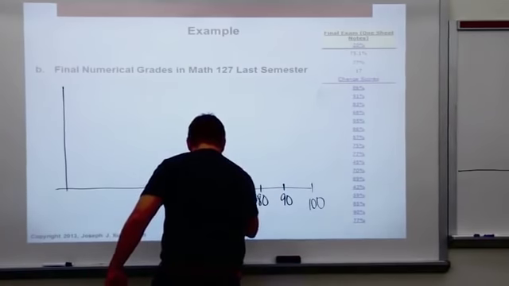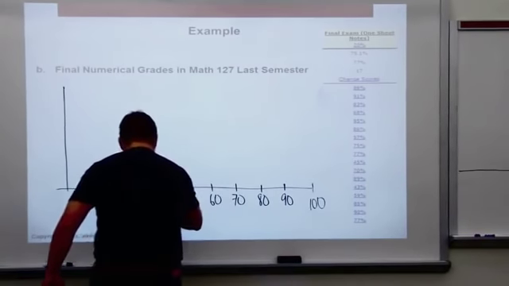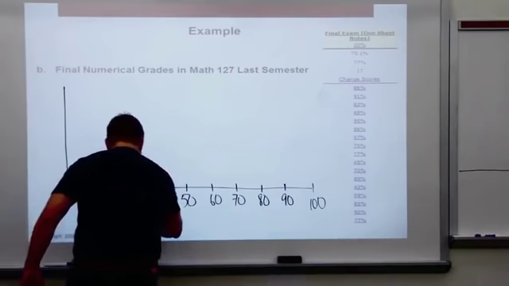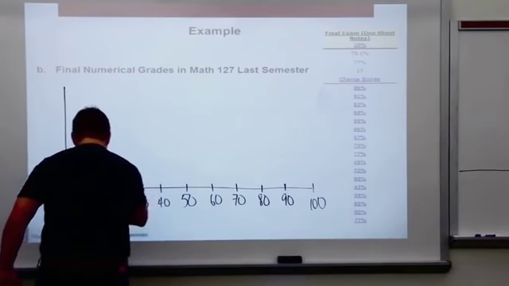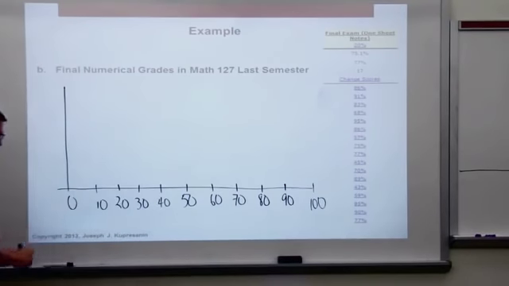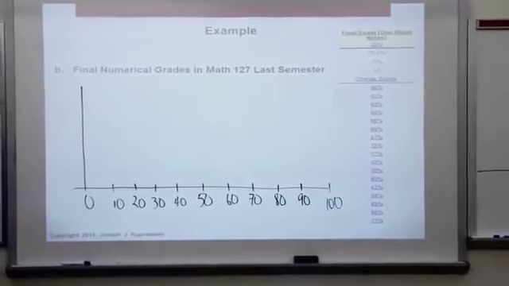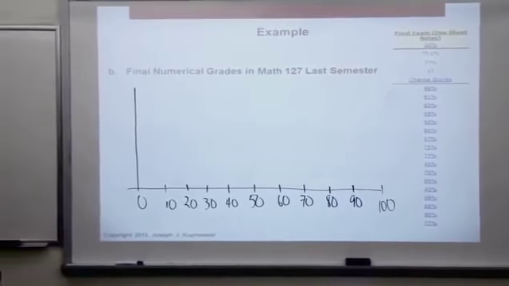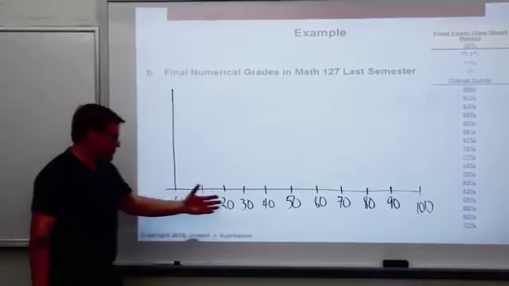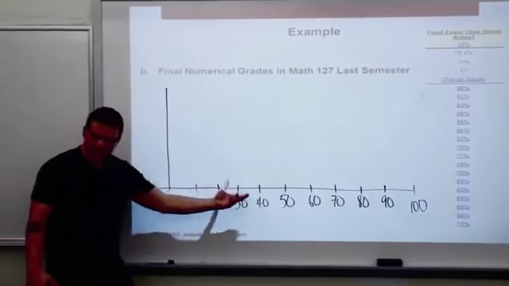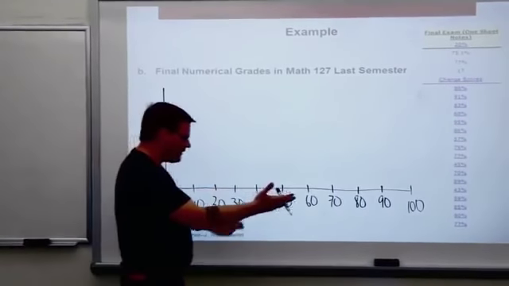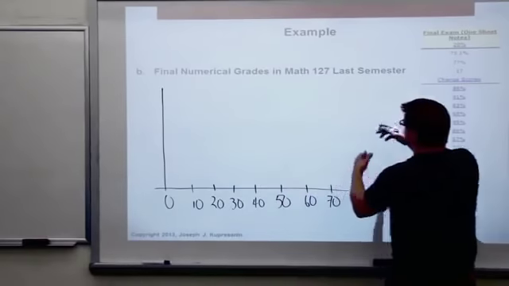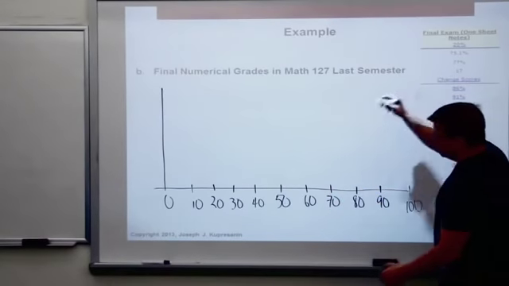Here's 70, 60, 50, all the way down the line. All right. Believe it or not, most students are not down here in the 0s, 10s, 20s, and 30s. Most students do quite well in the course. I'll draw this one as a histogram first, then I'll put the smooth curve.